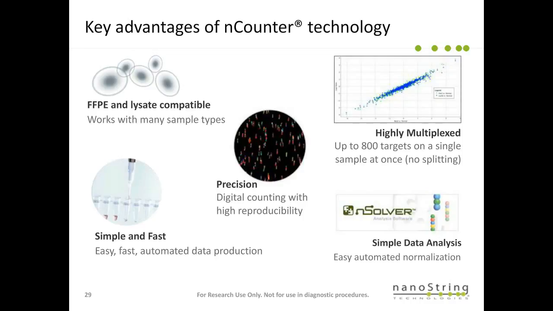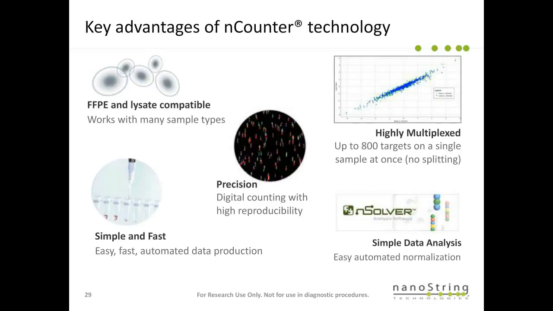Secondly, the workflow is really simple and fast. As I said, hands-on time is only 15 minutes, and the overall time is within 24 hours. This makes it feasible for multiplexed, multiple sample time course studies.